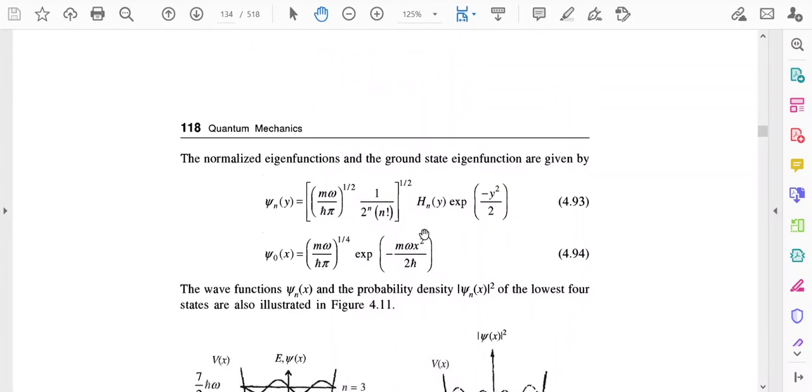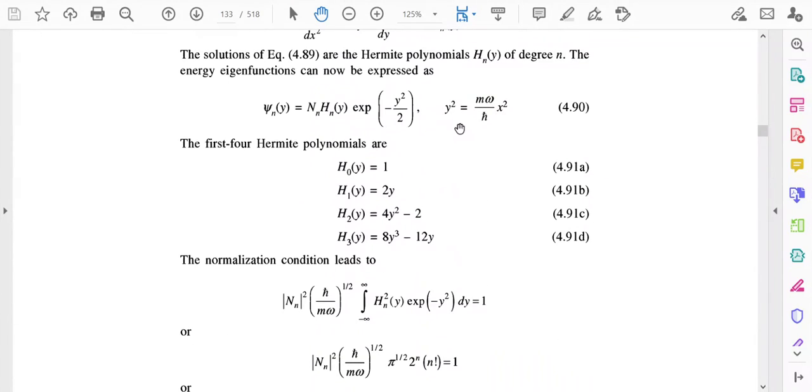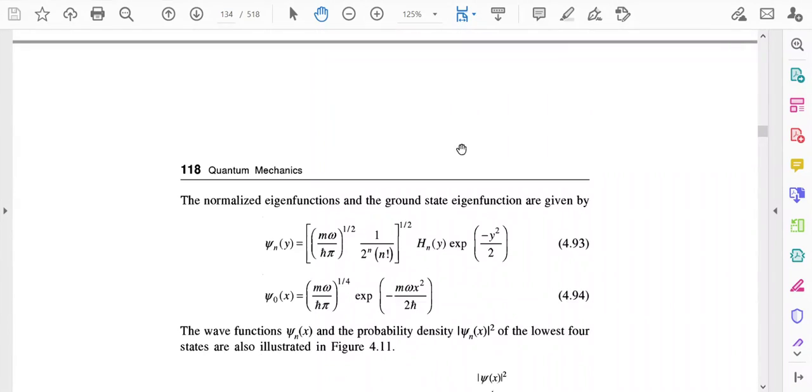And in place of minus y square by 2, they have written the value of y given earlier, that is y square equal to m omega by h cut into x square. So y has been written in terms of x. That is why on the left hand side we write x, because on the right hand side y has been written in terms of x. So this is the expression for psi_0(x).